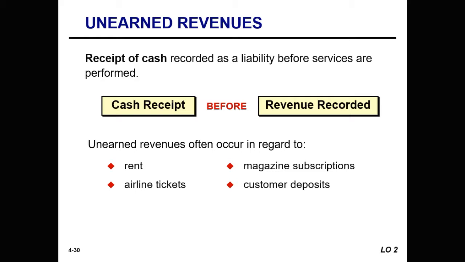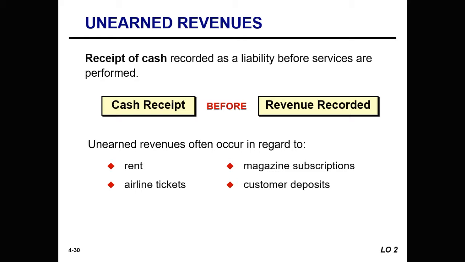Some common unearned revenues are rent. You pay at the beginning of the month or you pay on the last day of the month before the month it's due. Airline tickets, which we purchase in advance. Magazine or software subscriptions. So if you pay a certain amount for something for a year's use, such as a magazine subscription, you pay $15 to get a magazine every month.